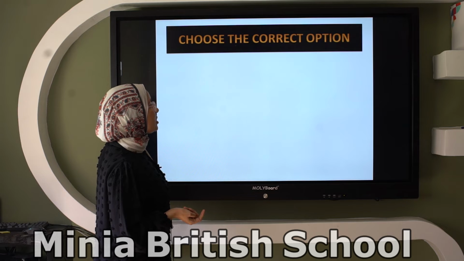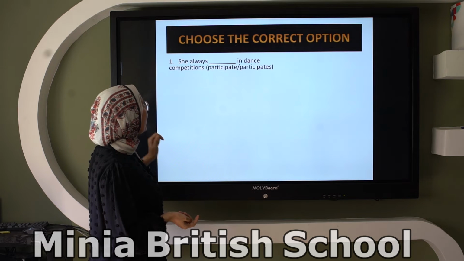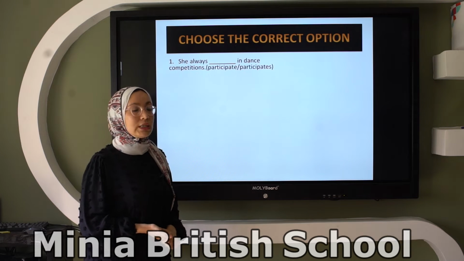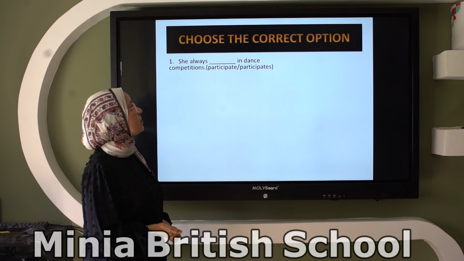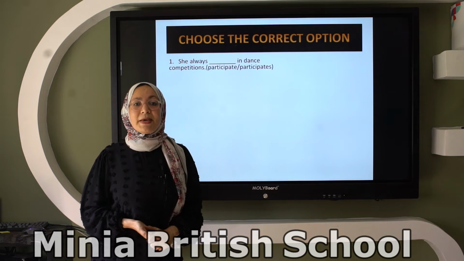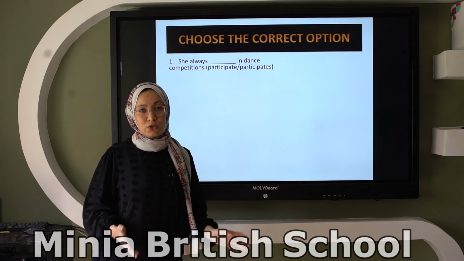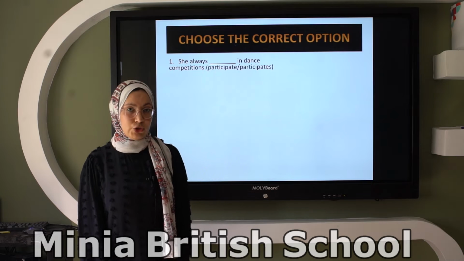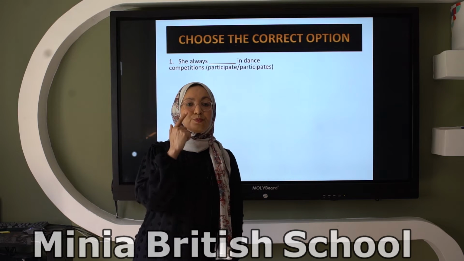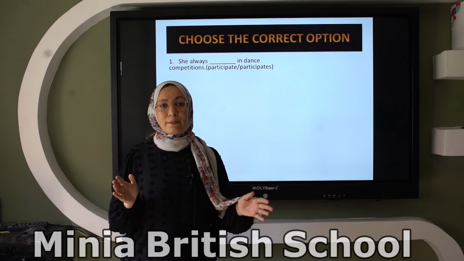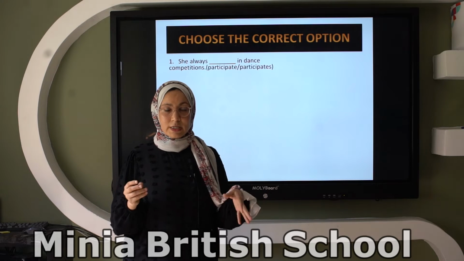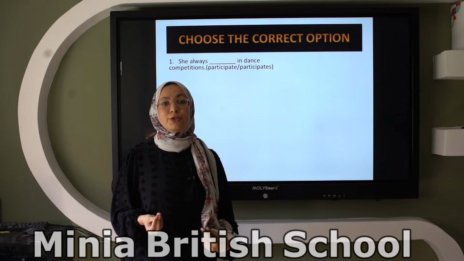All right, now let's try this exercise quickly. "She always space in dance competitions," participate or participates. Before you answer this question, you are going to ask yourself some questions. The first question is: what is the subject or the pronoun that you have? Is it a plural pronoun or a third person pronoun?